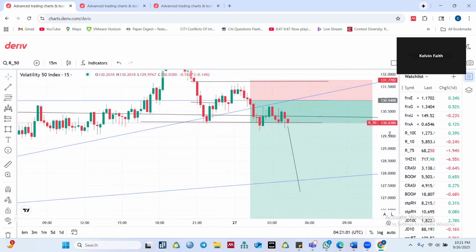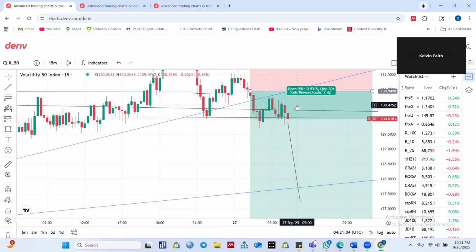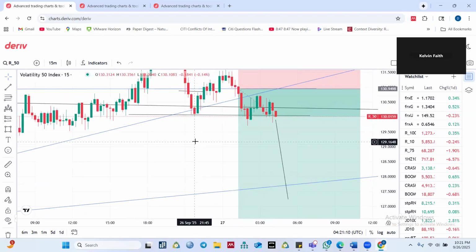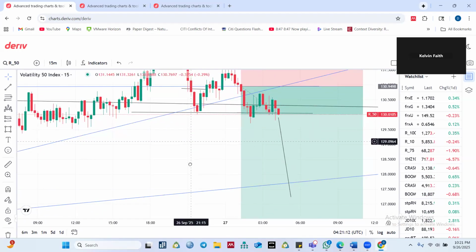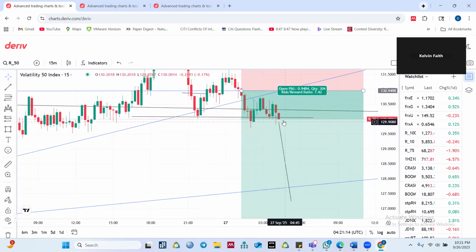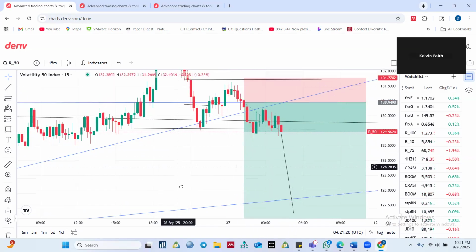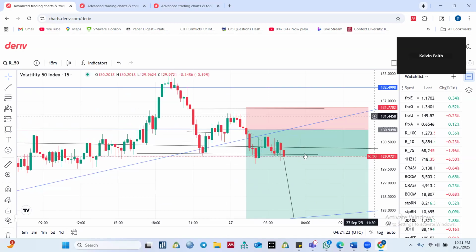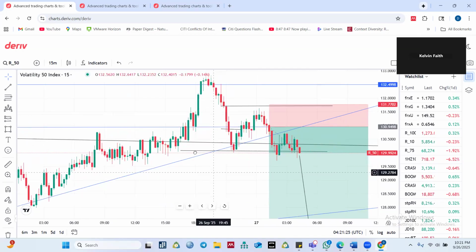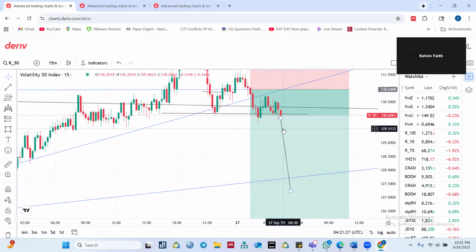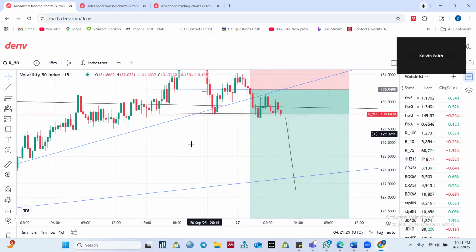The moment I see a big close above the black line again, that shows price is going to push up, I will close my trades on small profit and wait to take a new entry. But for now, I'm holding because it wasn't able to close above. Everything is okay now. Everything is set. Let's see if the breakout is going to happen.